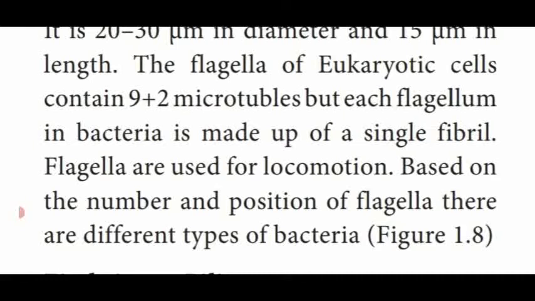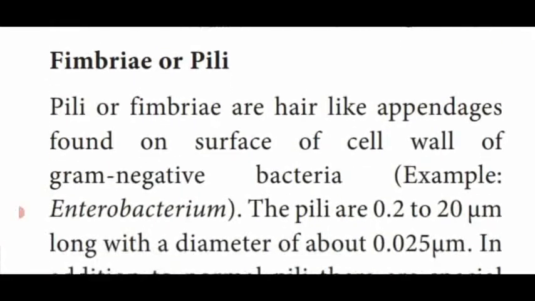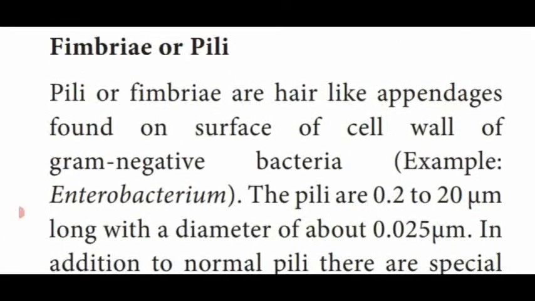Tuft of flagella at both ends is said to be amphitrichous. Flagella present all over the surface of the bacterial body is peritrichous. Then absence of flagella is named as atrichous. So that is the flagella, which acts as a locomotory organ. With the help of flagellum only, bacteria move from one place to another.